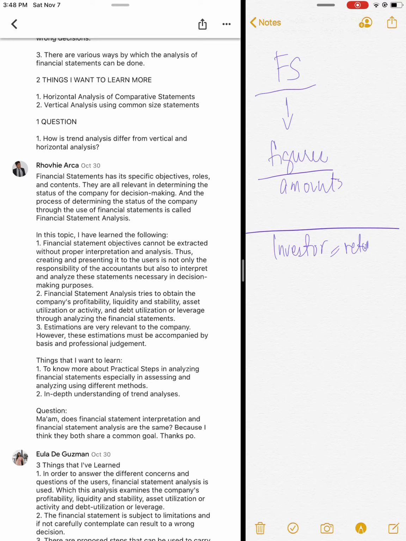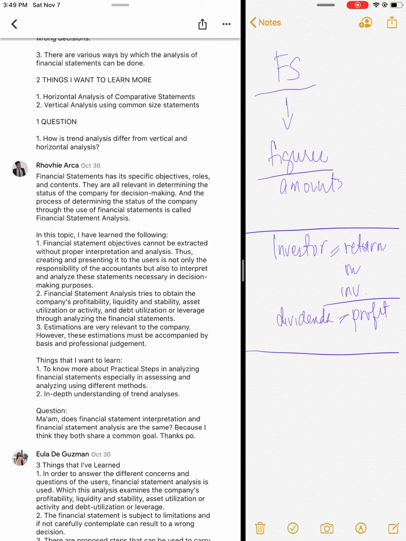Your main concern is magkaroon ng return on your investments. And the common return on your investments can be evidenced by dividends. At yung dividends na yan, mabibigyan ka ng dividends obviously kapag kumikita ang company.